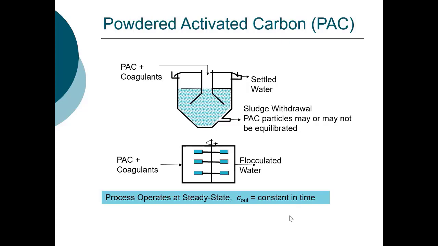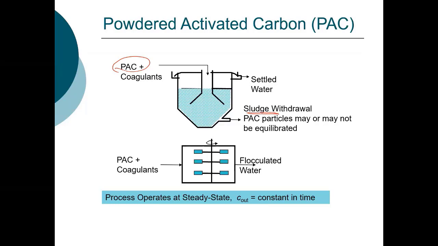So for instance, if you have a rapid mix system, you add powdered activated carbon with the coagulant, and you waste that powdered activated carbon in the sludge. So your powdered activated carbon with, in this case, the naturally occurring organic matter ends up in the sludge.